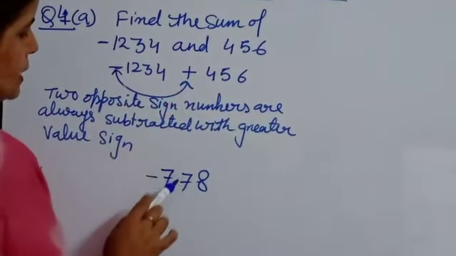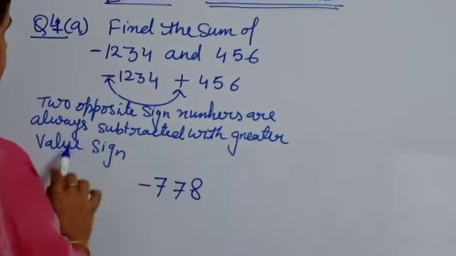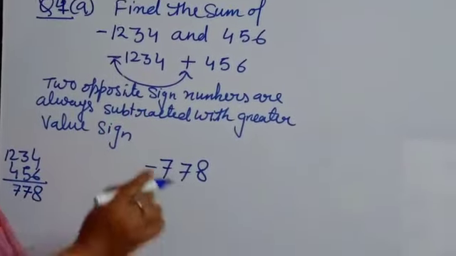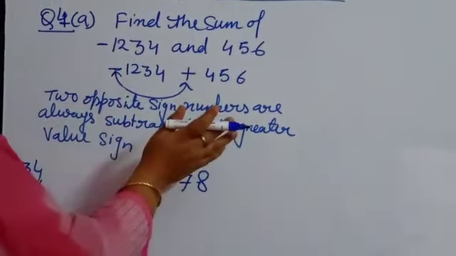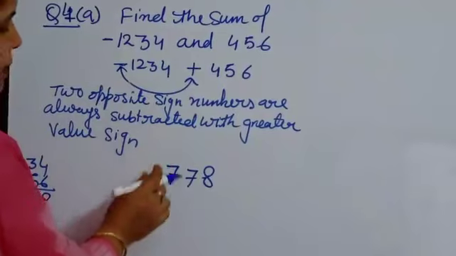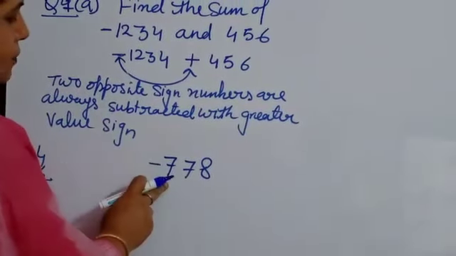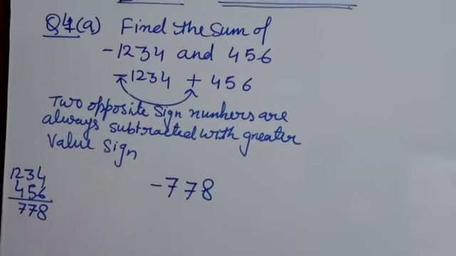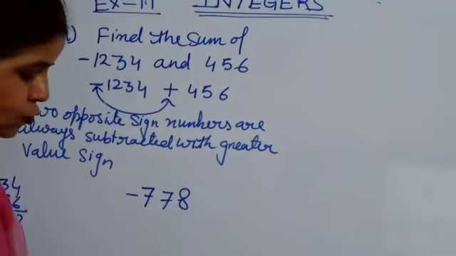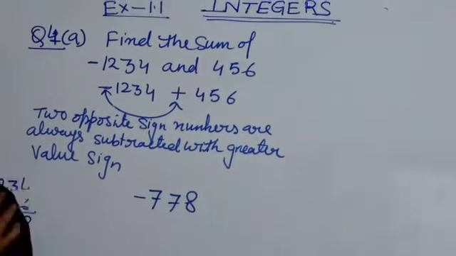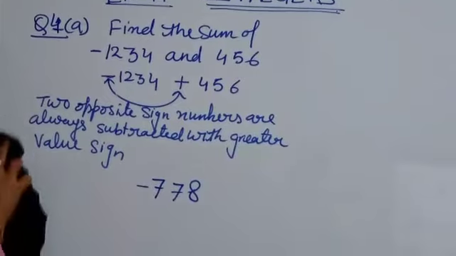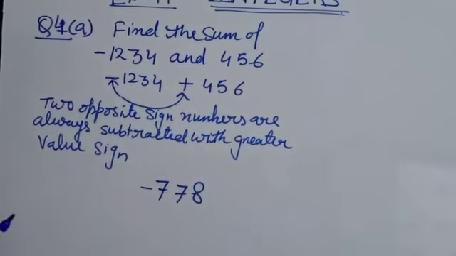That's why we have done subtraction with the greater value sign, and whatever the resultant, the greater number's sign will come in the result. So minus will come. Okay, one more part I am doing, and then the rest of the parts of this question you will perform yourself and show me in your homework on my personal WhatsApp number.